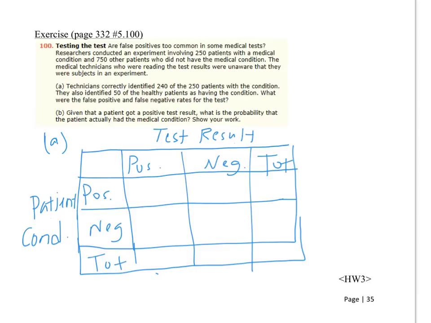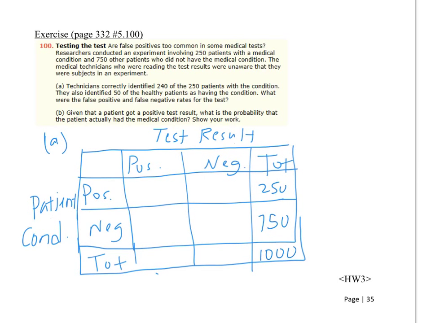On to page 35, problem 100 at the bottom. So when you're researching and creating a test for a patient who has a certain medical condition, it's important to test the testing device. So in this experiment, there are 1,000 patients available, of whom we're told in the context of the problem that 250 have a medical condition, so we call them positive for the medical condition, and 750 not positive.